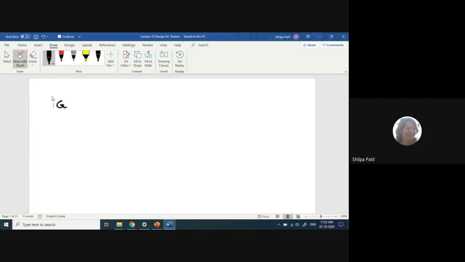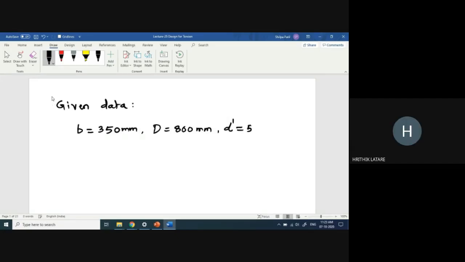The given data is the dimension of the beam. The effective width is given, the value is 350 mm. Then the overall depth is given, capital D, 800 mm, and the effective cover is also given, 50 mm.